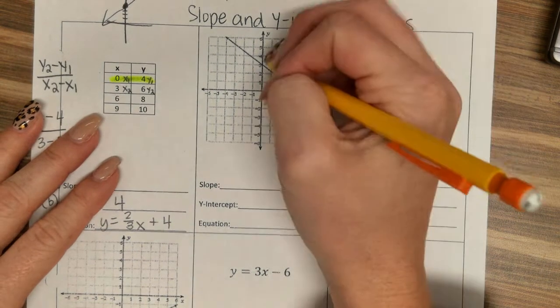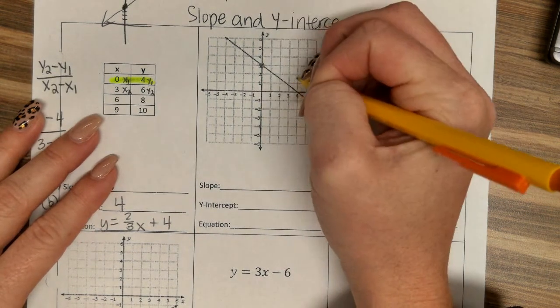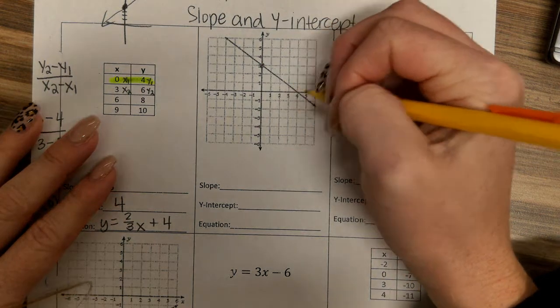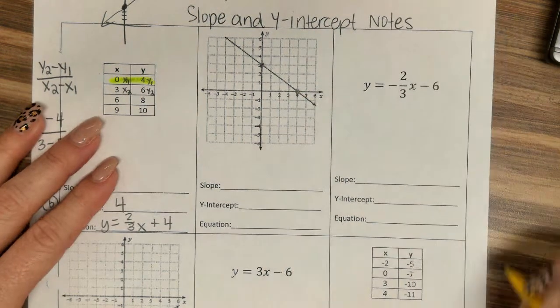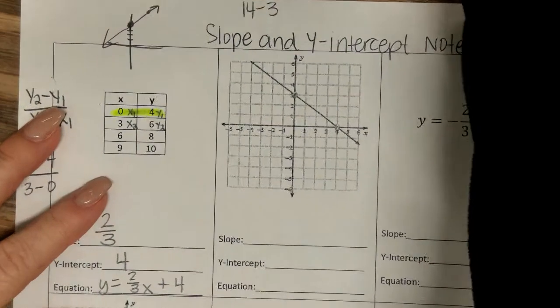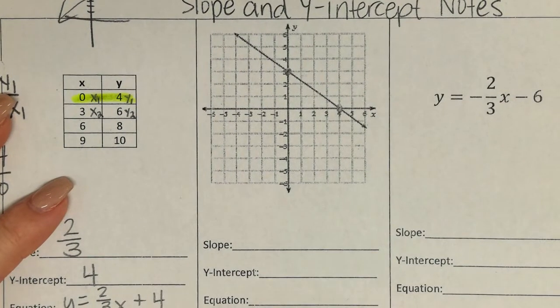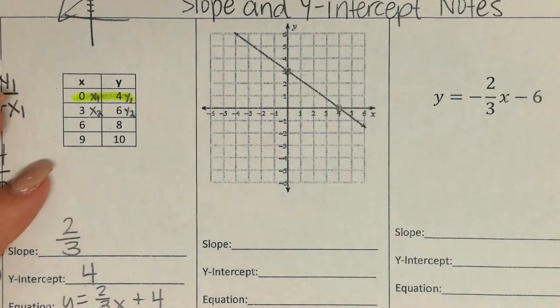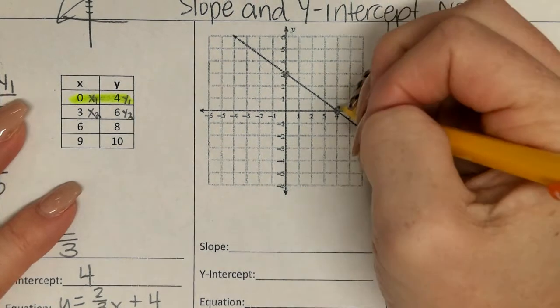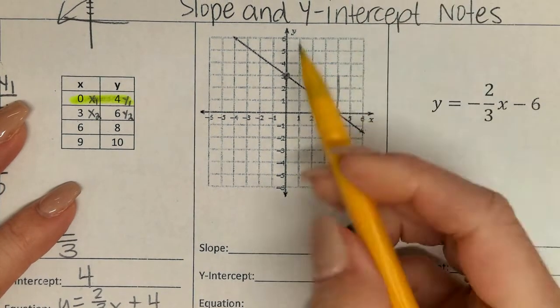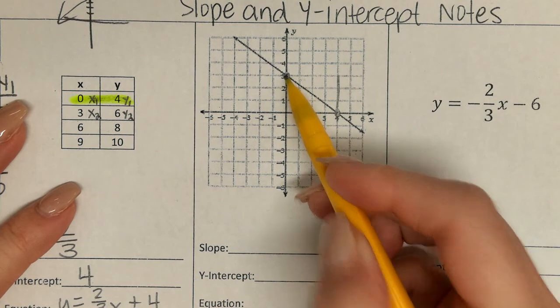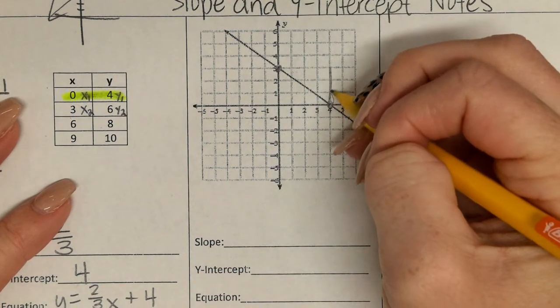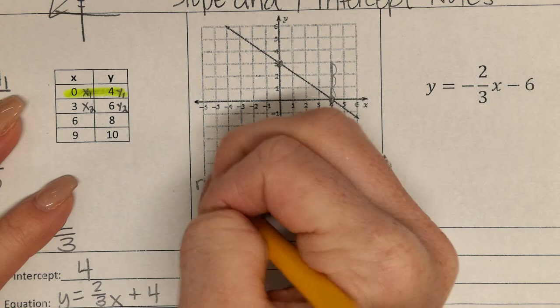Okay, so you need 2 points. Looks like those two are good points. Okay, my rise, remember when you do your rise, you always start at the bottom dot and rise up even with your next dot, and then count the squares. So 1, 2, 3 is my rise.